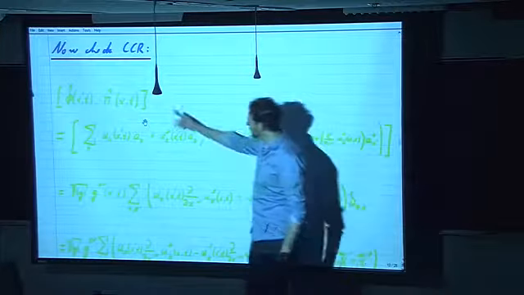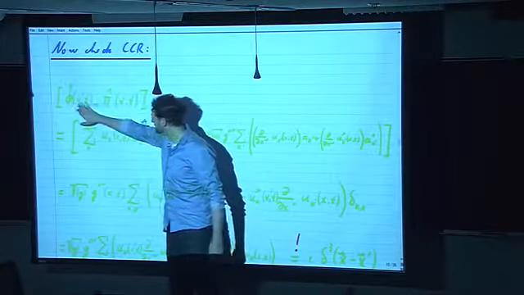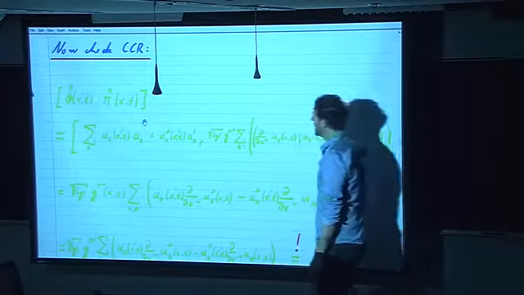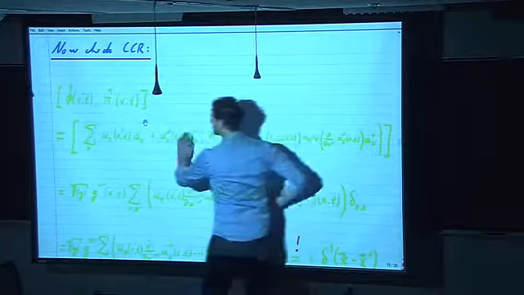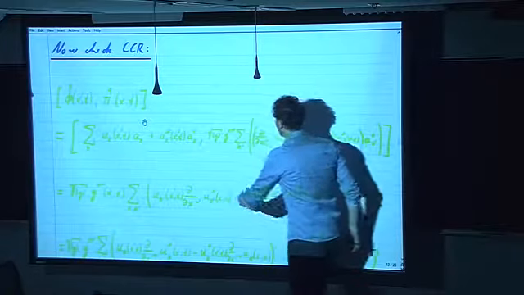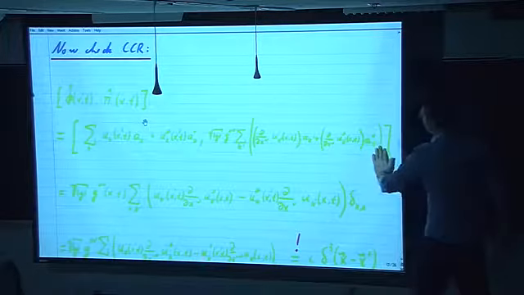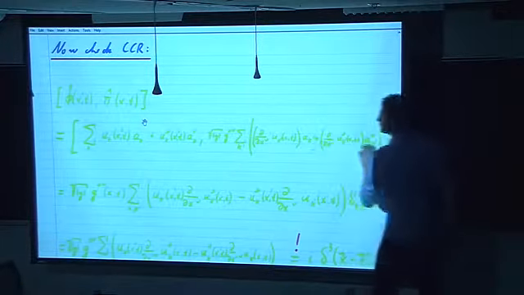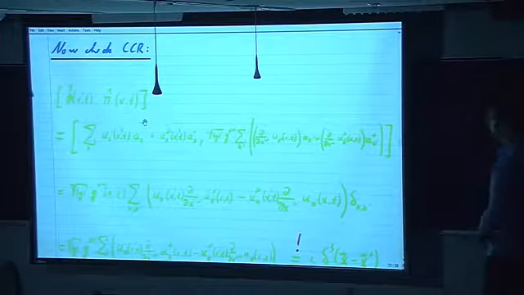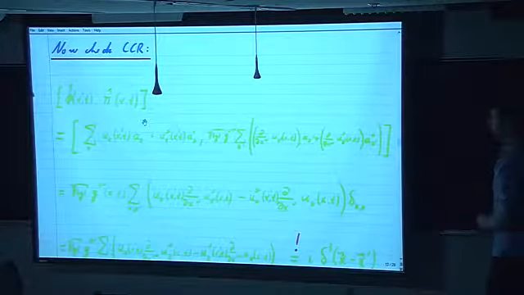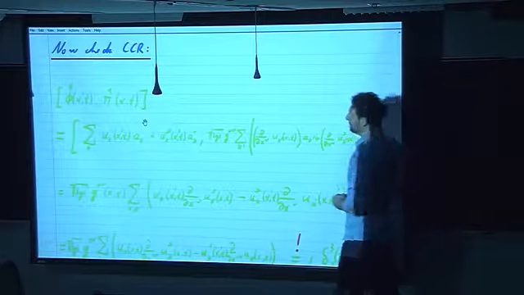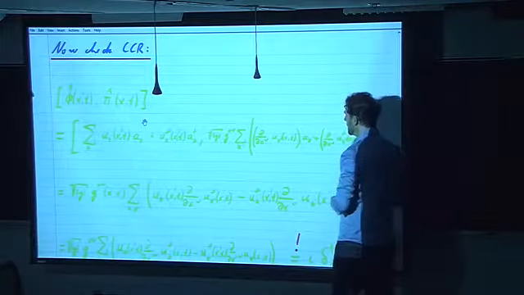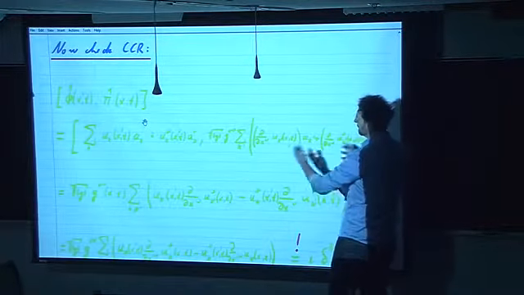Okay, so the commutator between phi and pi at equal time but different points in space is given by this. Here you recognize our ansatz for phi, and here this is our ansatz for pi that we just calculated. We're going to get some contributions, but not as many terms as it looks like.